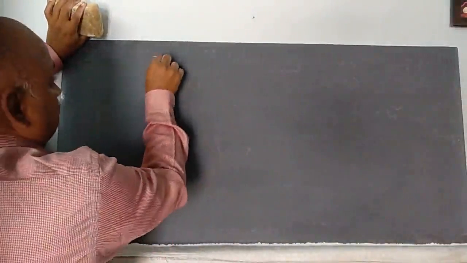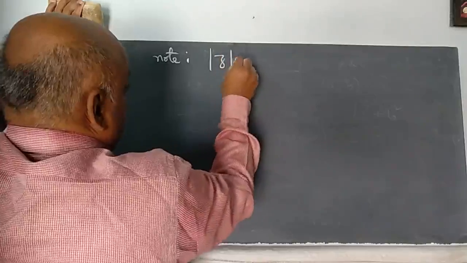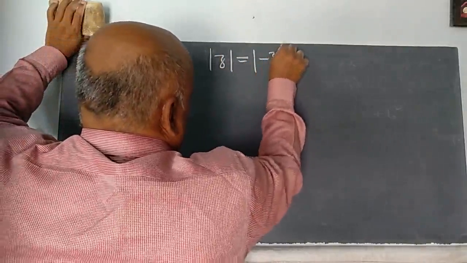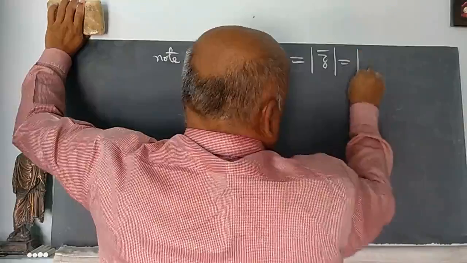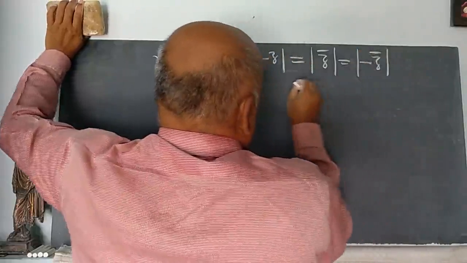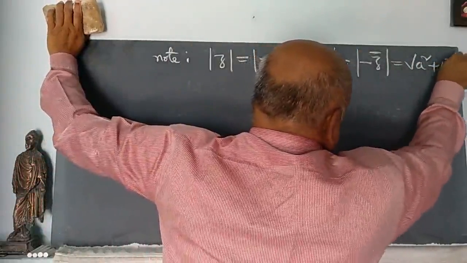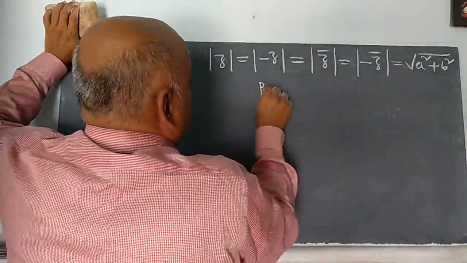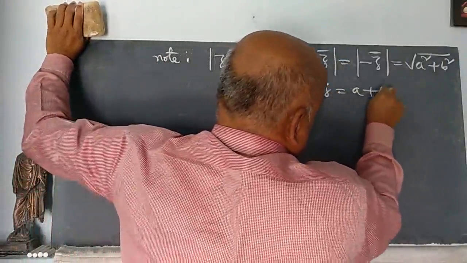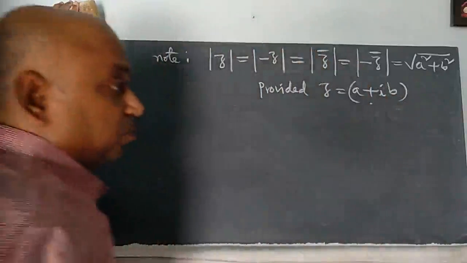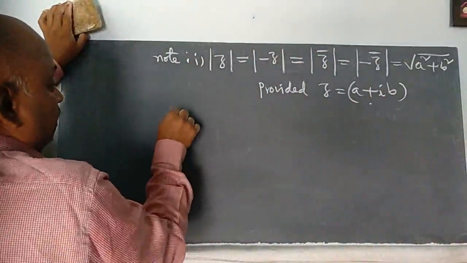Note: mod z is equal to mod minus z. This is equal to mod z bar is equal to mod minus z bar, which is equal to square root of a square plus b square, provided z is equal to a plus ib. This is the first point.